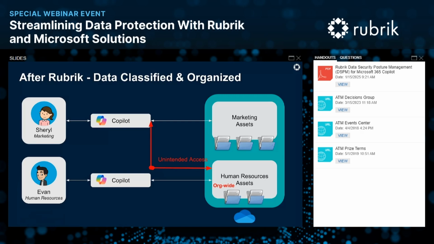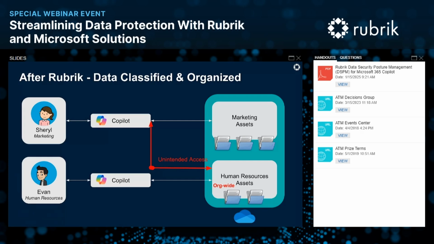That's one. The second thing is by identifying, for example, org-wide access. So by identifying access patterns, we can remove overly exposed files so that only the right groups and right people have access to the right data.